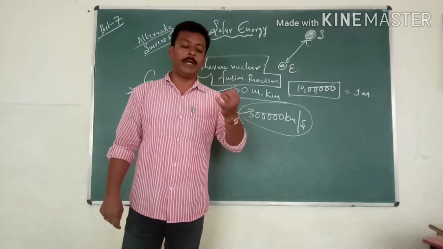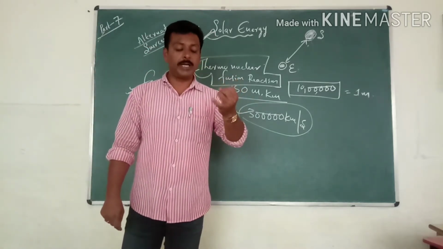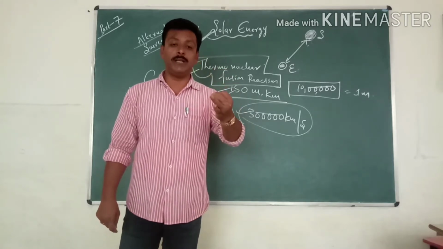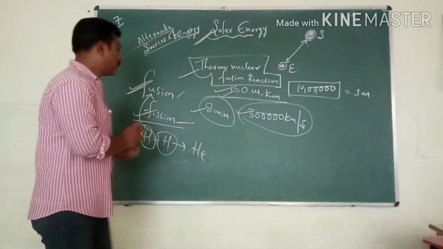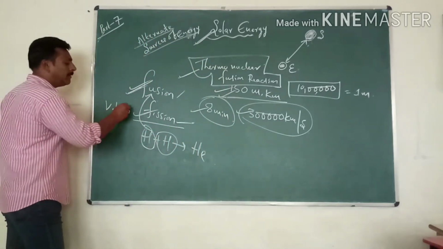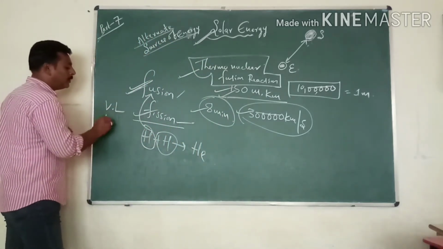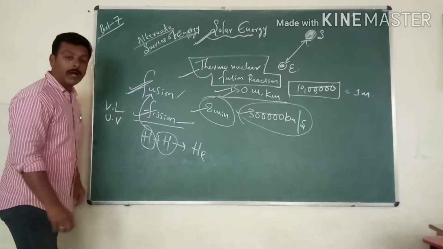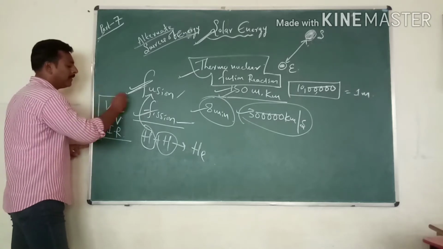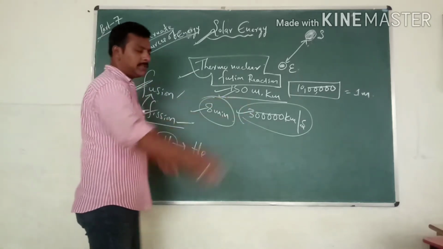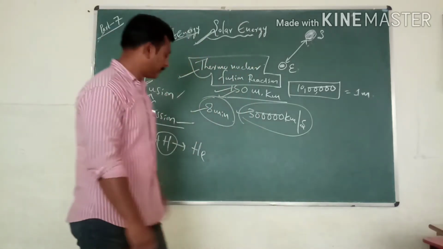It is able to emit infrared rays, ultraviolet rays, and visible light. VL means visible light, UV means ultraviolet rays, IR means infrared radiation. Such radiations are coming towards the earth.